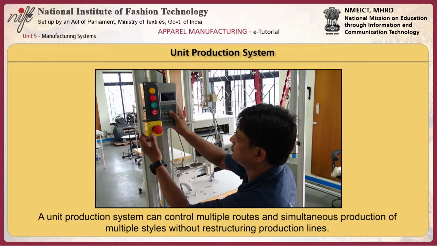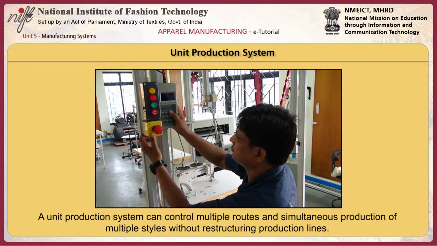A unit production system can control multiple routes and simultaneous production of multiple styles without restructuring production lines. The control center may perform routing and automatic balancing of workflow, which reduces bottlenecks and work stoppage.